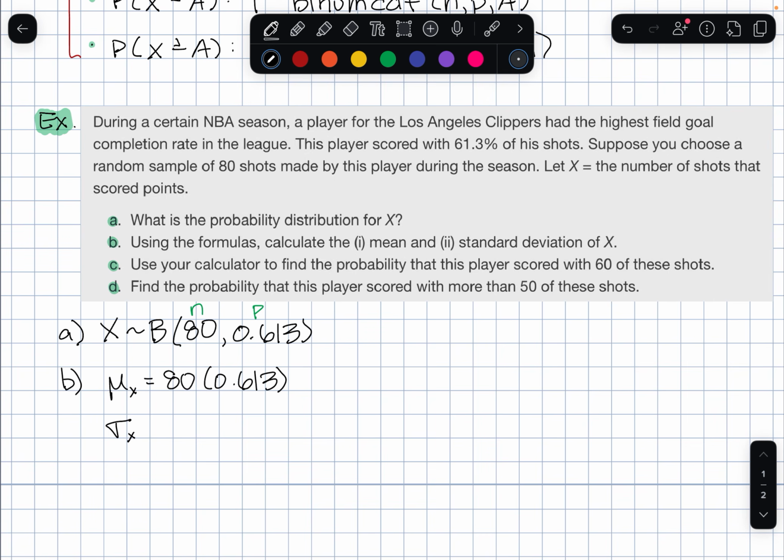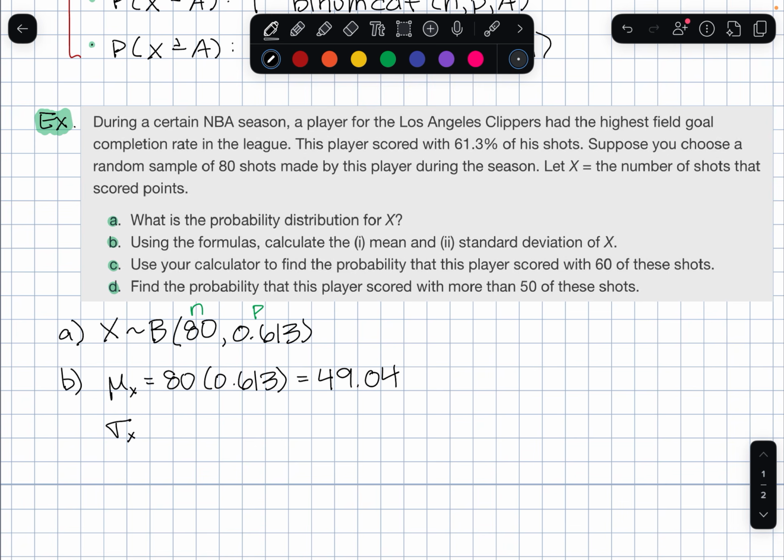And I get 49.04. So the long-term average, if he makes 80 shots, we expect him to make about 49 of them on average.